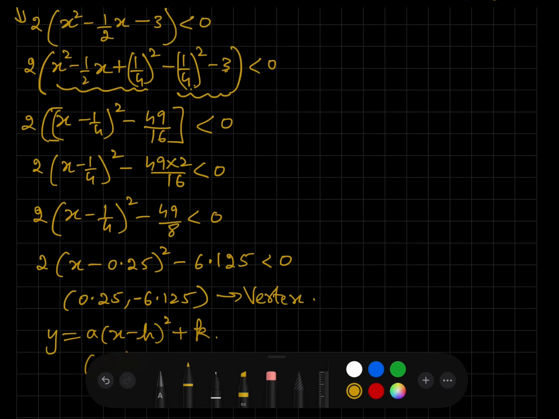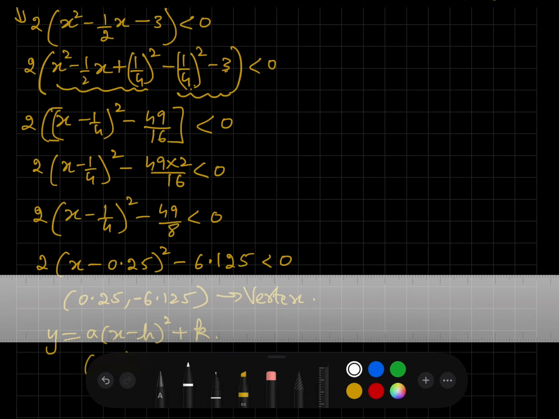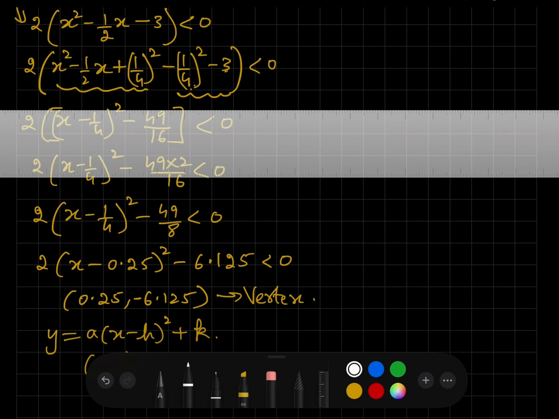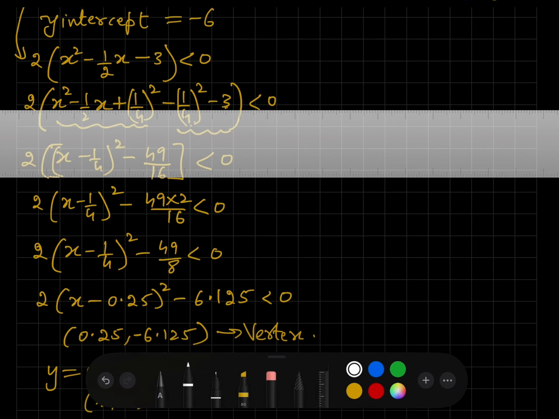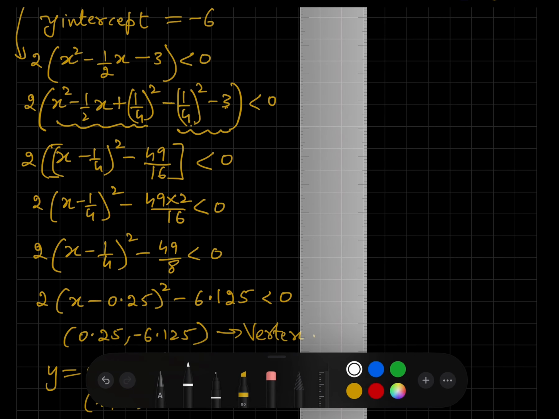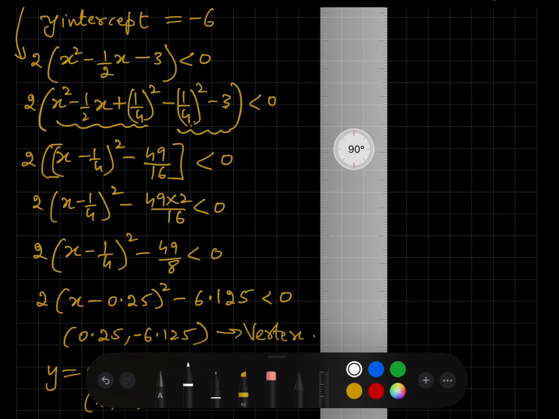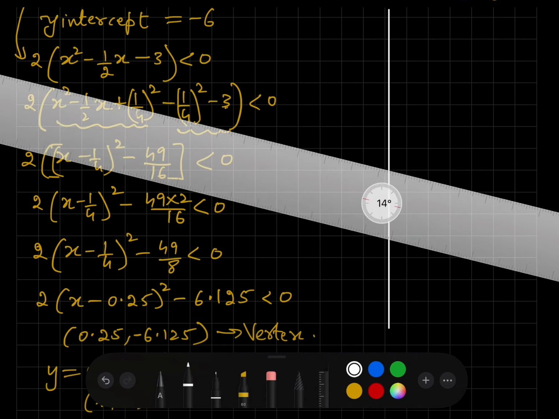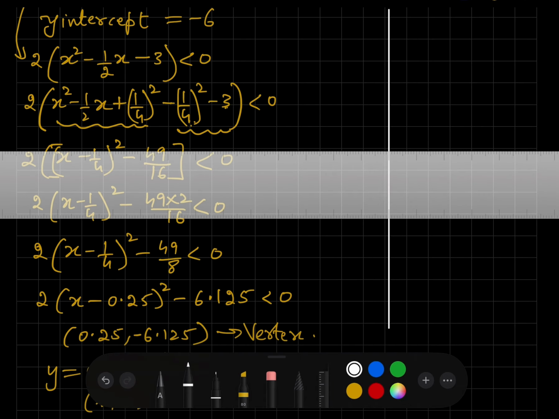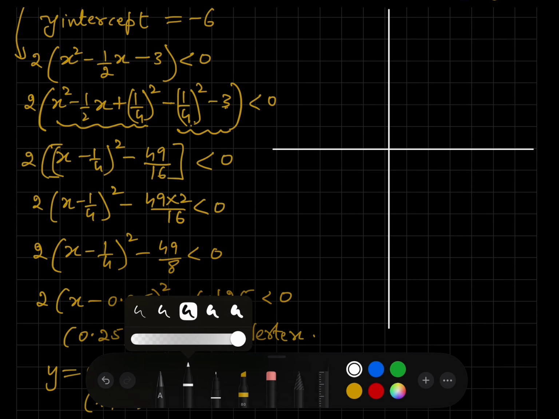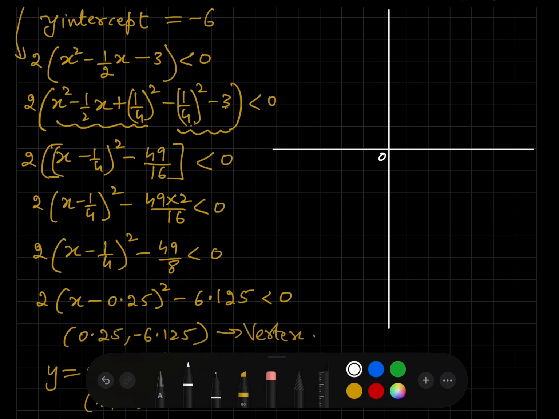Now let us plot it. Our lot of task is already done. We have to simply plot our graph. Since my vertex is negative 6.125, I will draw a little more on the negative side. Okay, done. Now quickly plot it. This is 0, 1, 2, 3, negative 1, negative 2.